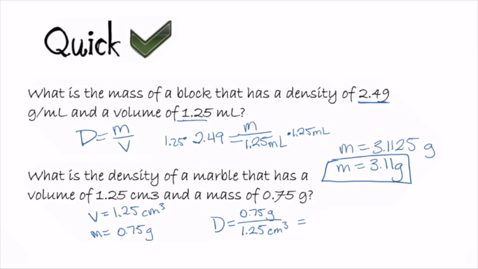So the density equals 0.6. We need 2 significant figures, 0.60 grams per centimeter cubed.